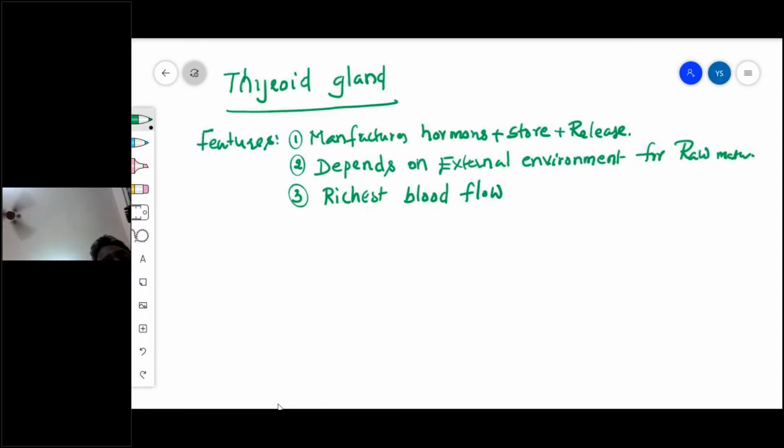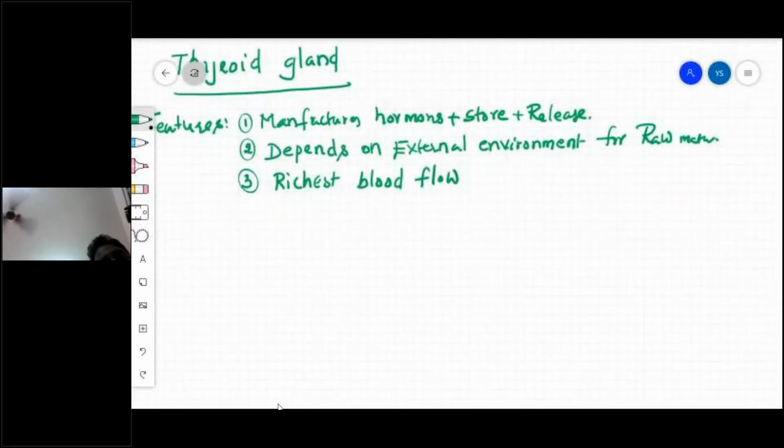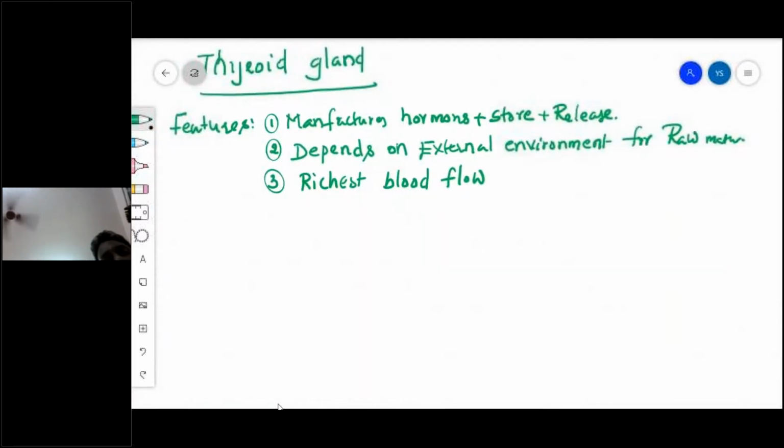So I think these points are not available in Chauris and Vishamsi. That's why I mentioned them here. These are the three unique features of the thyroid gland. It manufactures the hormones, stores and releases them whenever required. A gland just simply manufactures the hormones and releases them into the bloodstream, but here they are stored and released whenever required. That's the unique feature.